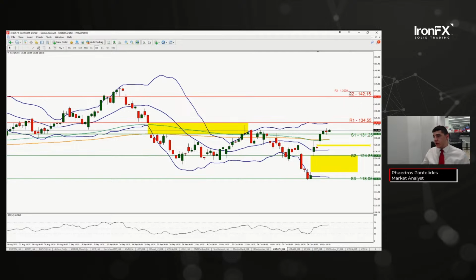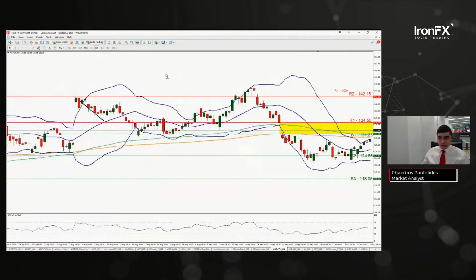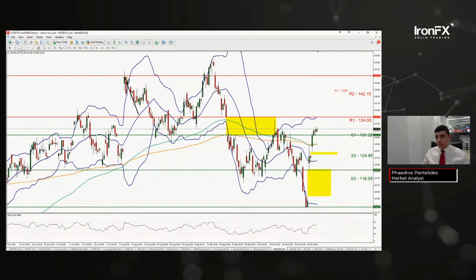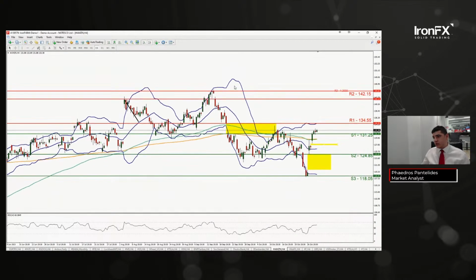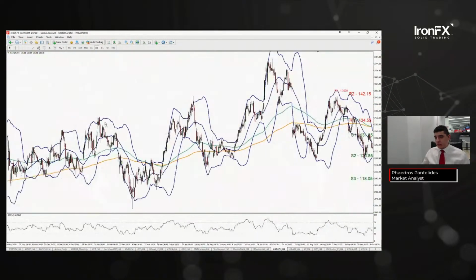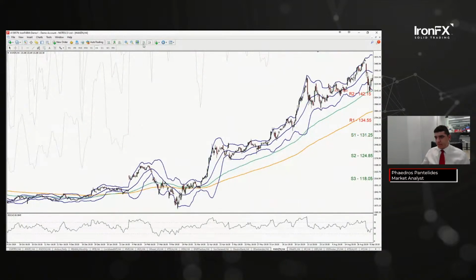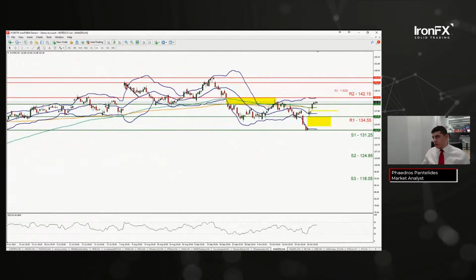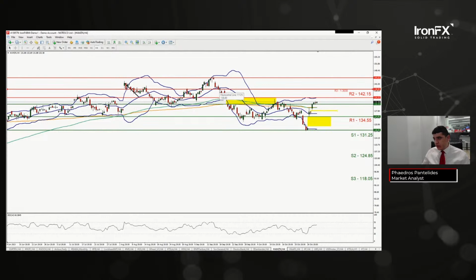And then for R3, taking this swing high, might be slightly close actually to R2, so we could actually bring this down, coinciding with the opening and the wick.